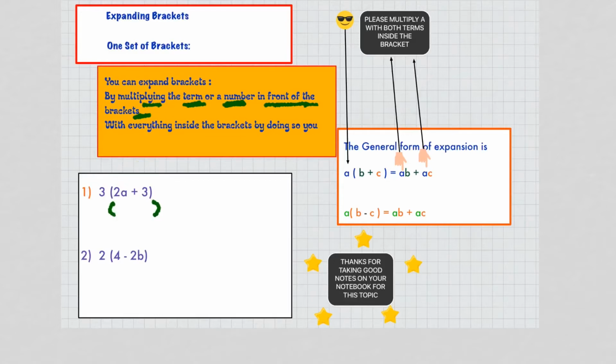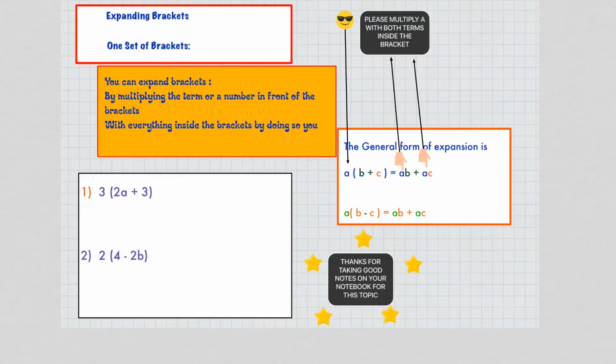So in front of these brackets, what term or number do we have? We're going to multiply 3 with everything inside the brackets. Inside the bracket we have 2a plus 3. That's how we expand it. I'm going to show it to you now.